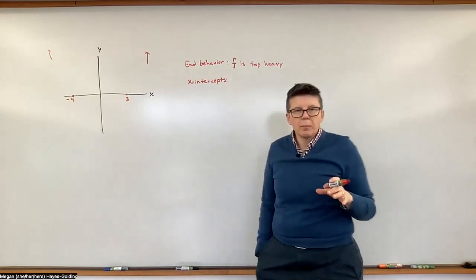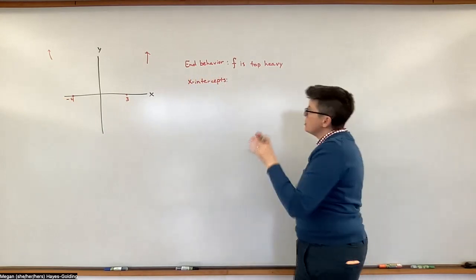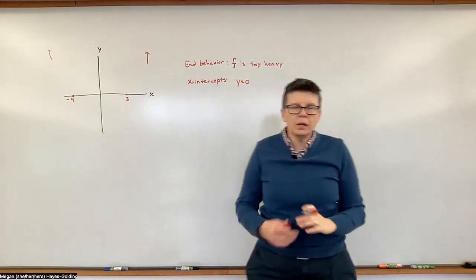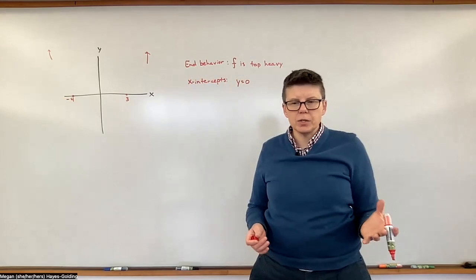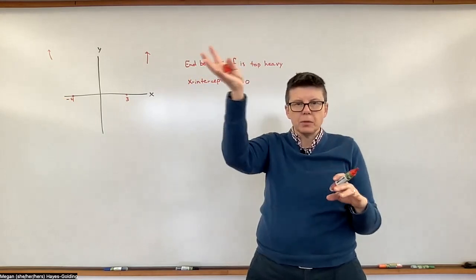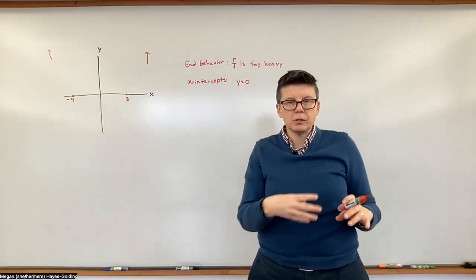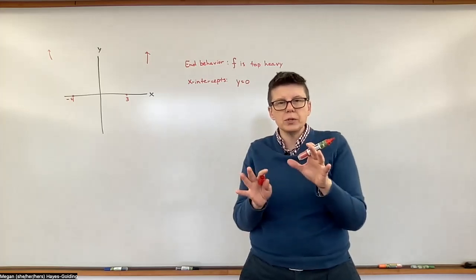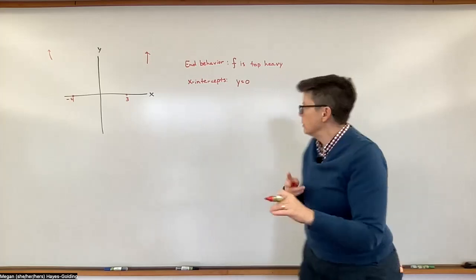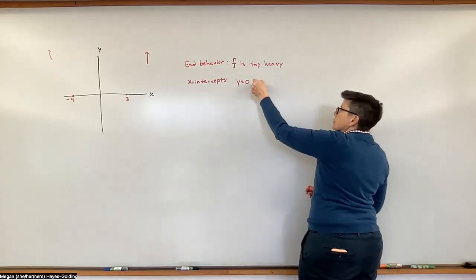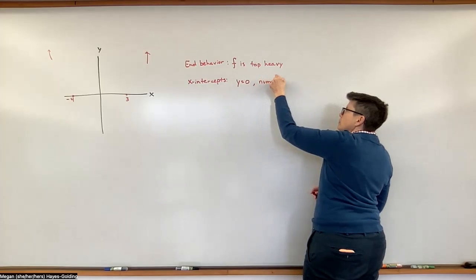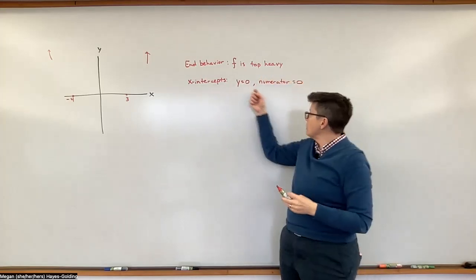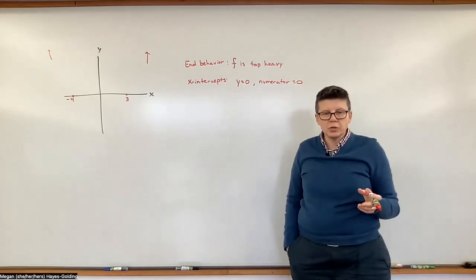The x-intercepts happen when the y value is 0. And so that means the output of the function is 0. And I've got a rational function, some polynomial in the numerator, some polynomial in the denominator. And to have that whole function equal to 0, that means I'm going to need the numerator equal to 0. So the y value is 0, meaning the numerator of my function is 0.